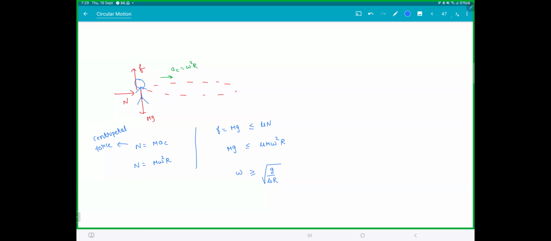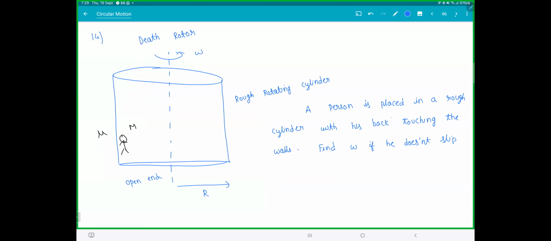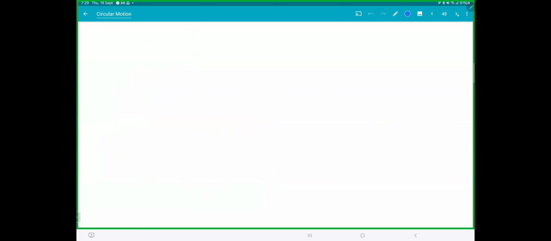Next one. Now, I hope everyone got the meaning of centripetal acceleration. So what is the centrifugal force which we keep talking about? You must have keep hearing about it. So in certain cases, it is convenient to solve the problem with respect to the rotating frame.